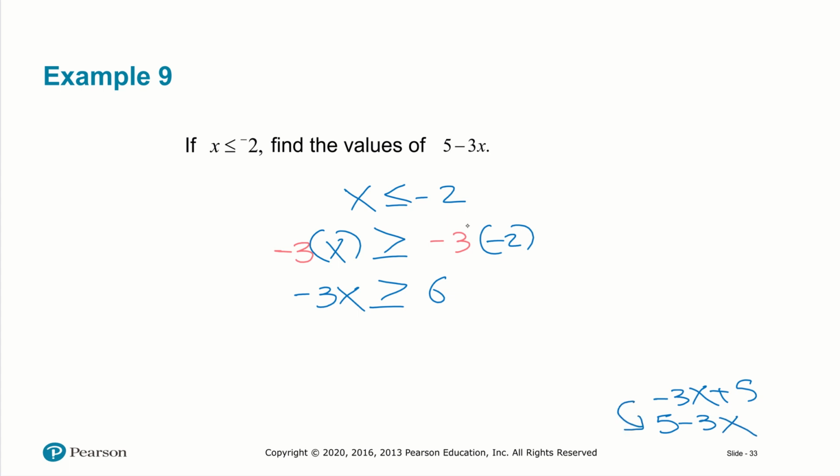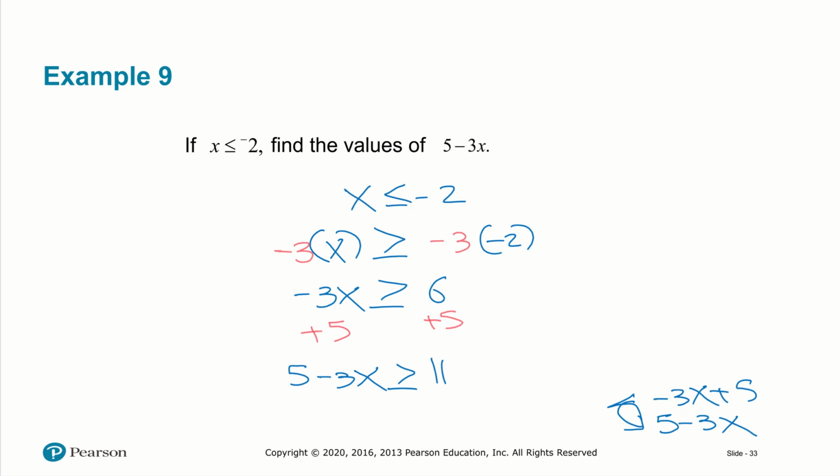Notice these are the same, okay? So I'm going to add 5 to both sides like this. And I'm going to end up with 5 minus 3x is greater than or equal to 11, right?